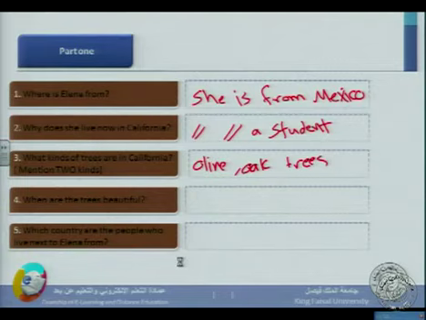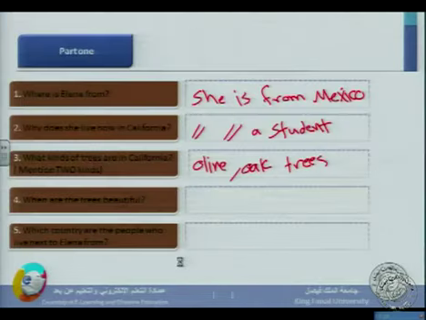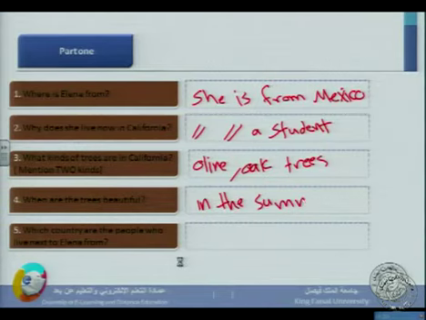Now, when are the trees beautiful? We go back, the trees are beautiful in the summer. So, in the summer. Notice, in each question we have some key words.